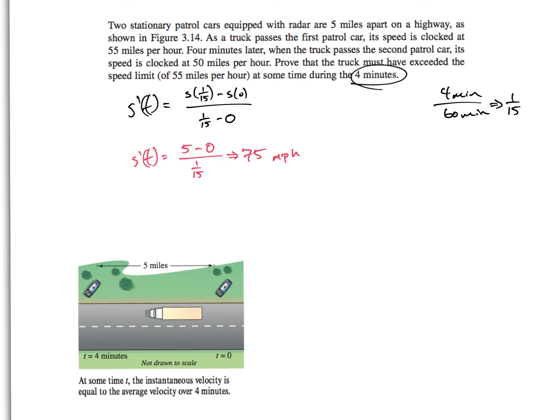Because if your average was 75 and you got 50 and 55, didn't you actually get past 75 at some point and then get down to 75 at some point? Accelerate and then decelerate. The trucker actually went 75 at least twice. But by the mean value theorem, it proves it at least one time.